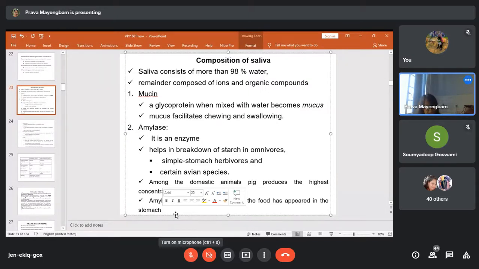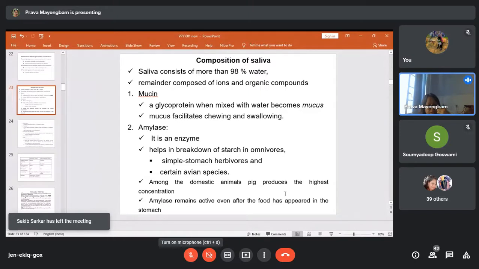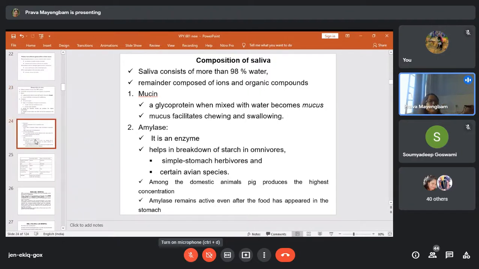So in the non-ruminant animals, where the pH of the saliva is around 7, the salivary amylase is active at that pH. Once it reaches the stomach, which has a highly acidic environment, the activity still remains to some extent. You understand the point of this last line.